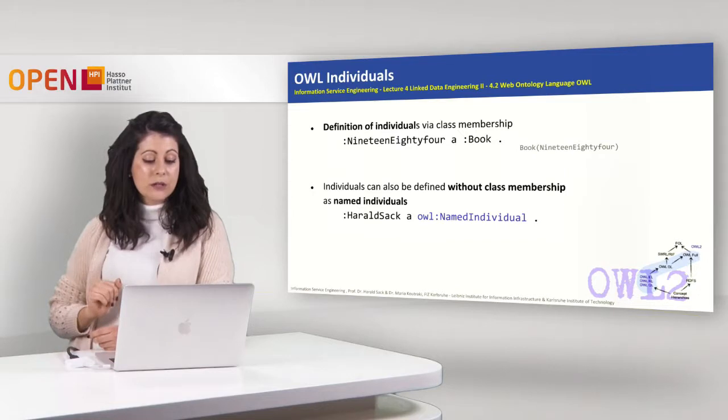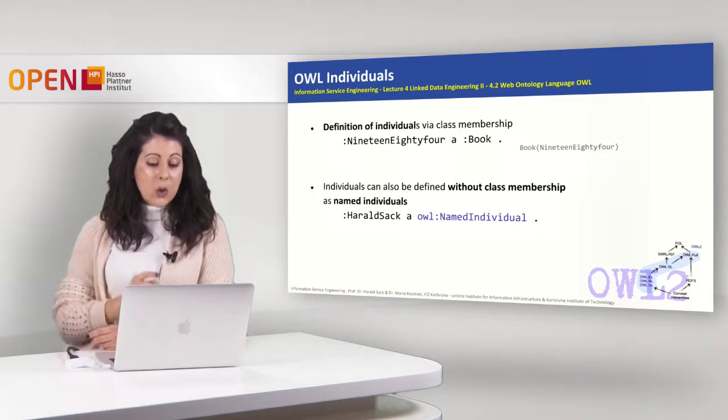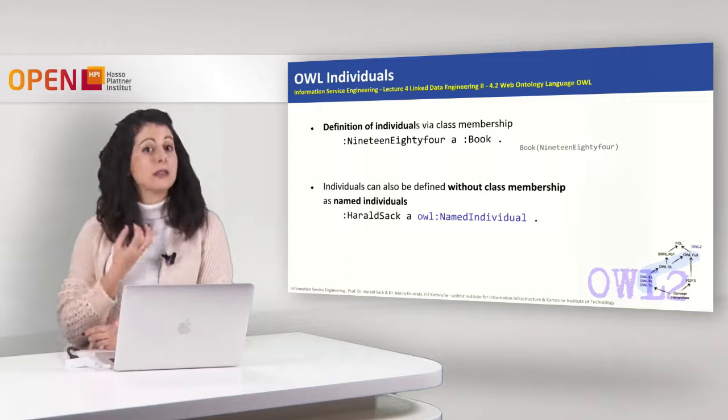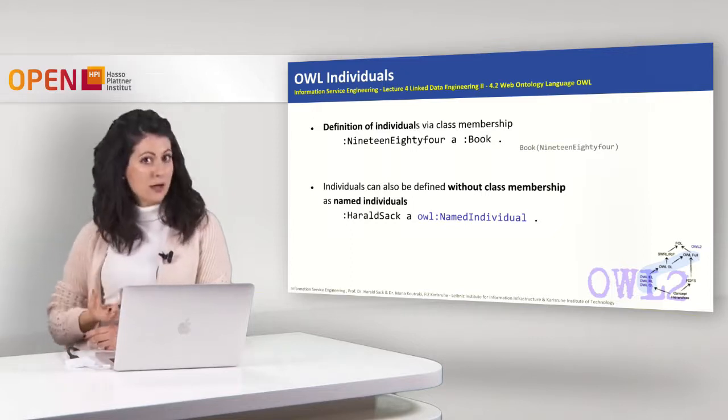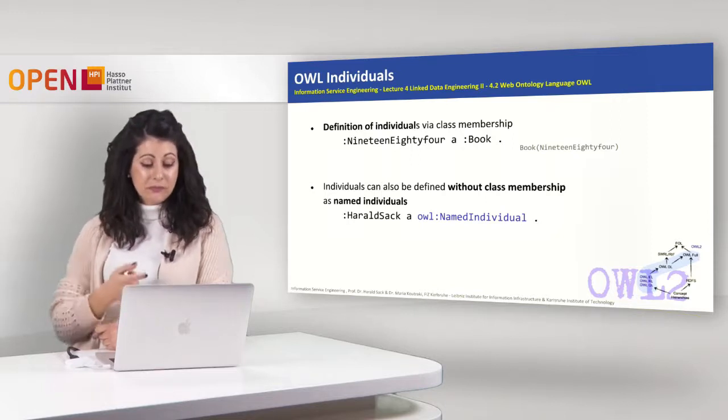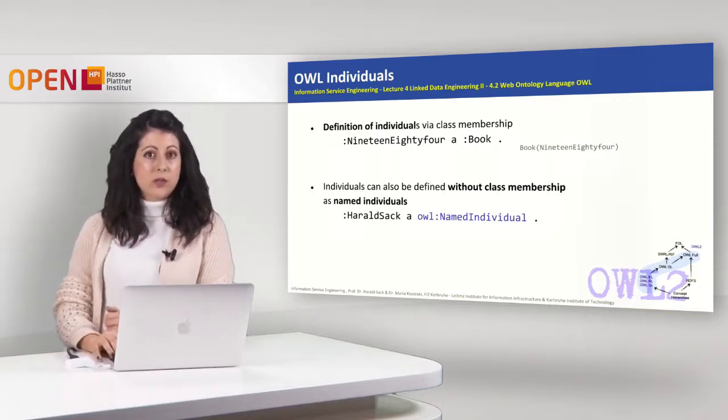And this we do via owl:NamedIndividual. So you see here a small example where we say Harald Sack is of type NamedIndividual. That means this is an individual, we define it as being one, but we do not directly associate it to a certain class. So this is a difference that we have between RDF and OWL.